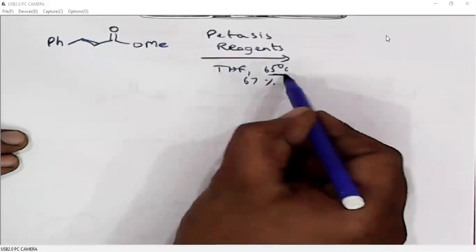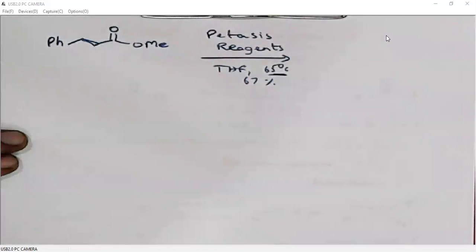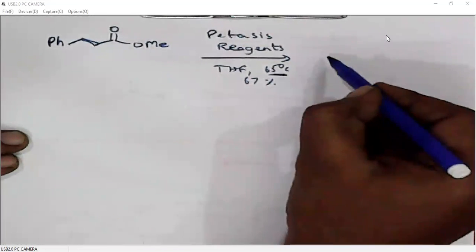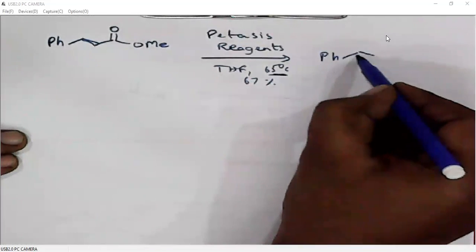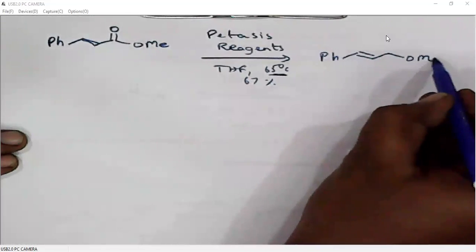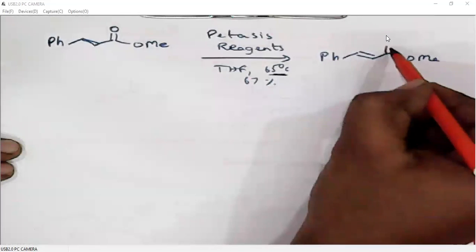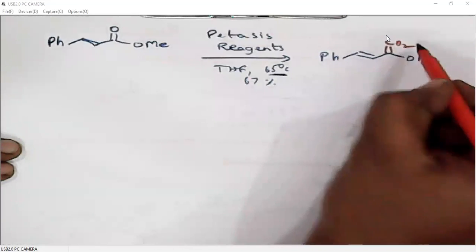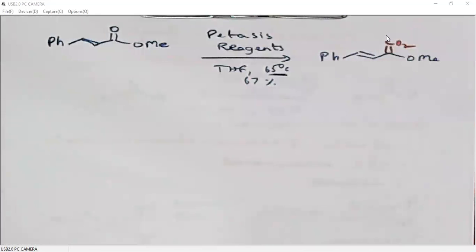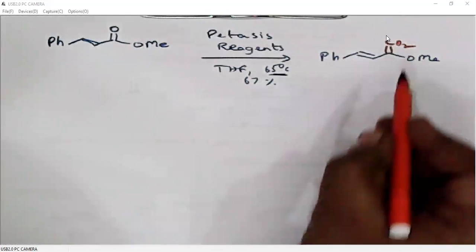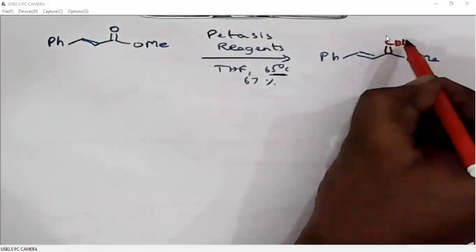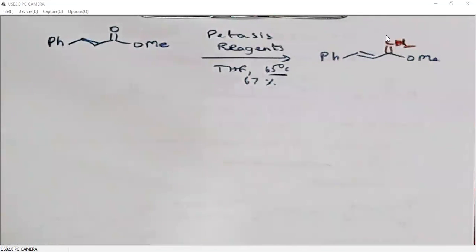We will be doing this reaction at a little higher temperature. Then this C double bond O will be converted to C double bond C.